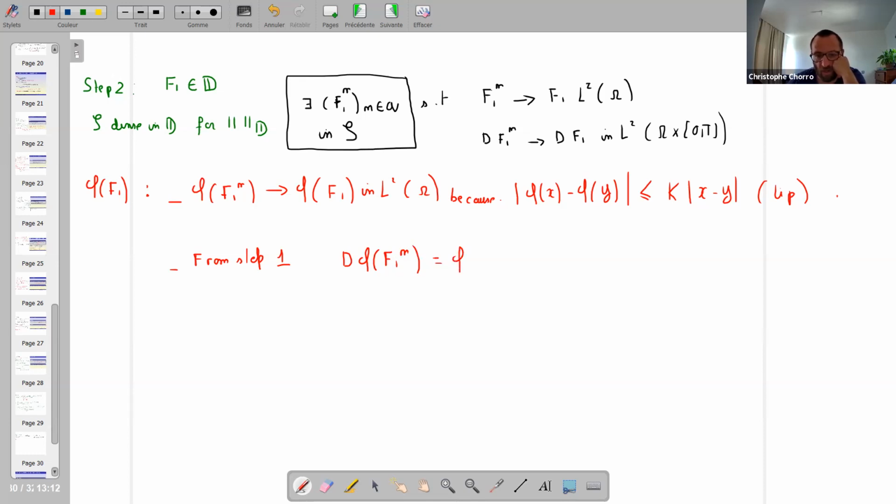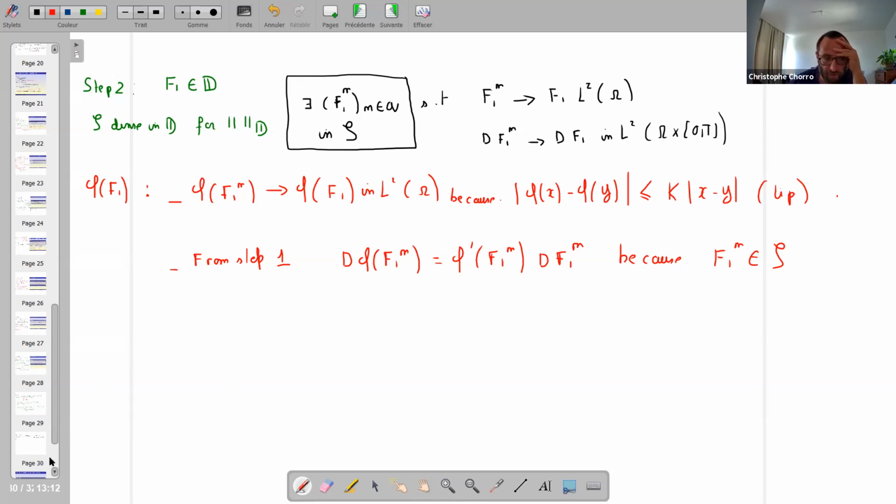That is equal to phi prime of F1n D of F1n, because F1n belongs to S. And so from step 1, I can use my previous result.